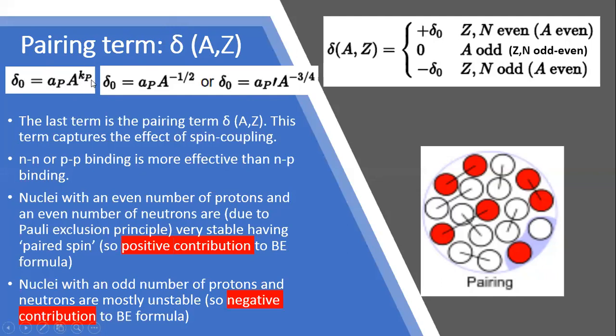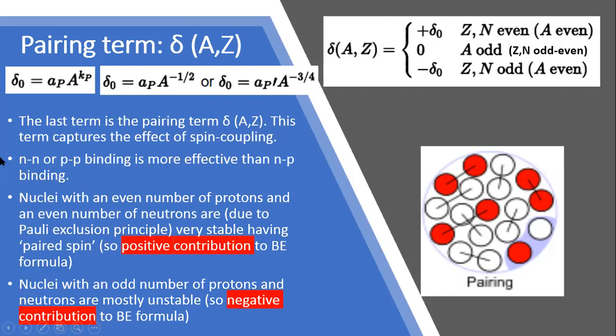It depends on the model which we are going to use, and A is the mass number of the nuclide. Let's suppose the power is minus 1 by 2, so it will be A to the minus 1 by 2, or maybe minus 3 by 4. These have constant values. We will discuss them in the next slide.